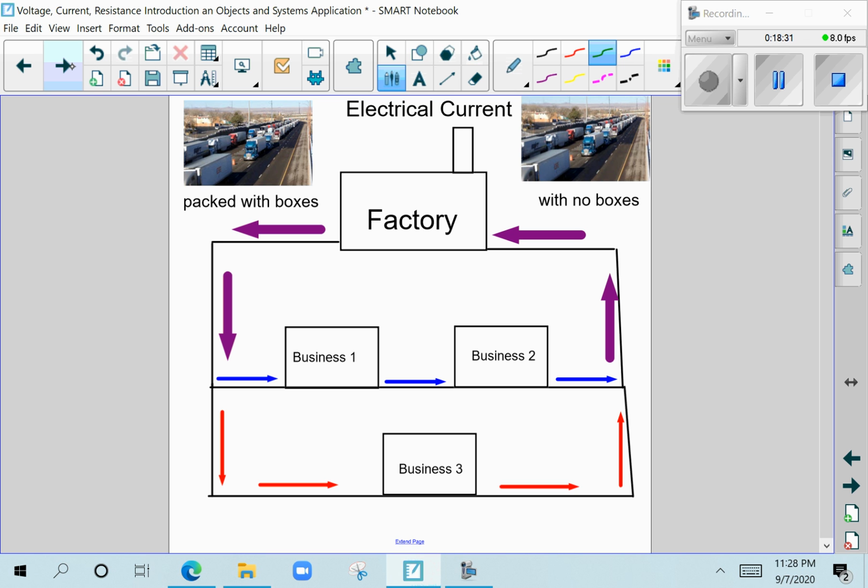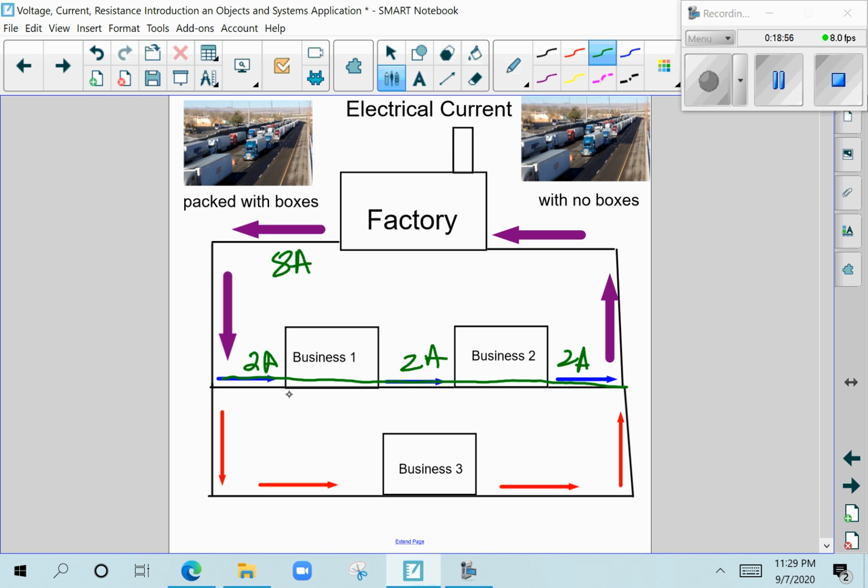So charges will always be conserved. This means if I have a current here of, let's say, 8 amps flowing through and 2 amps flow through this business, then I must have 2 amps and 2 amps because it's like 8 trucks coming down the line, and 2 trucks go to this road going to business 1.